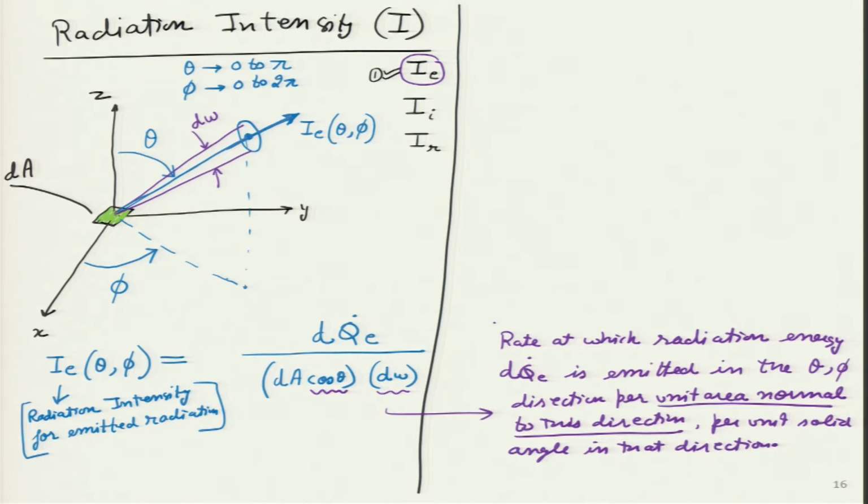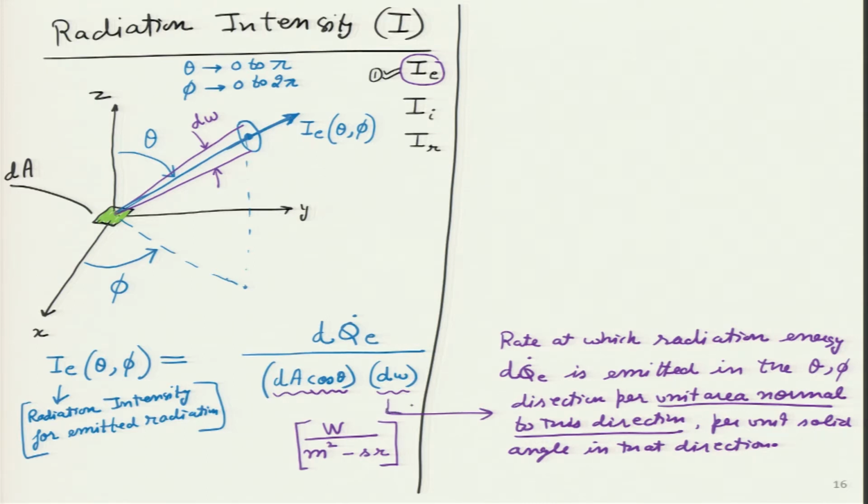Which means the units for this whole thing will turn out to be watts per meter square per steradian, because the numerator is watt, the denominator's first term is meter square. What is the second term? Solid angle, so I will put steradians over here. Now, I will read it once again.